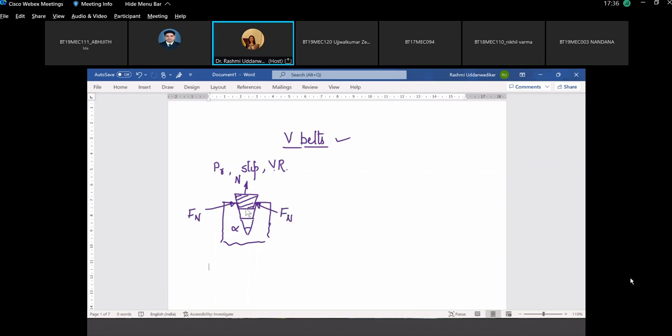So there is always a clearance between the lower surface of the belt and the lower surface of the wedge. So effectively it is these two surfaces which are coming in contact, and so this force N is acting at an angle of half of the wedge angle, alpha by 2.